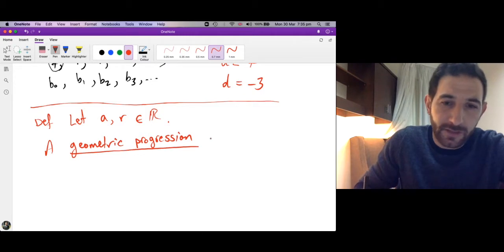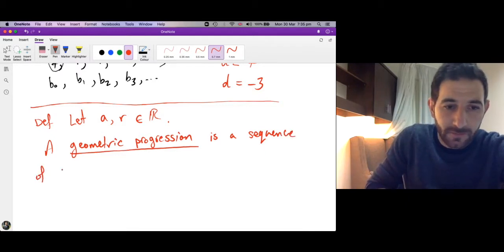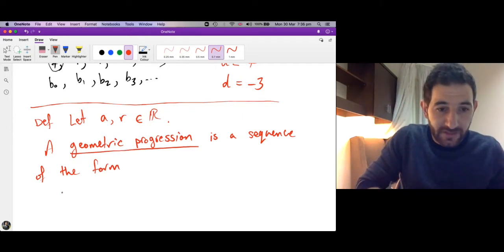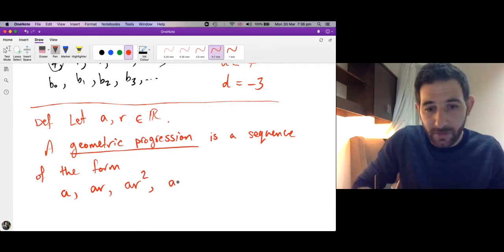So a geometric progression is a sequence of the form: what is the form of a geometric sequence? The first element is A. Remember, A and R are real numbers. The second element is A multiplied by R, and then you multiply what you have now by R, so you get AR squared, and then you keep multiplying by R: AR cubed, AR to the 4th, and so on.